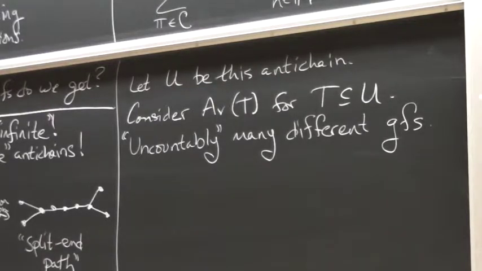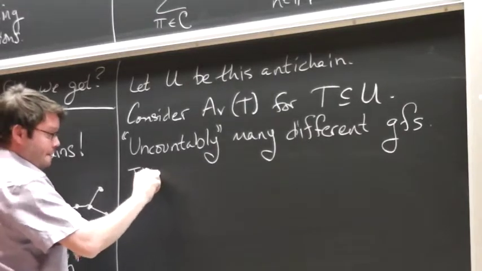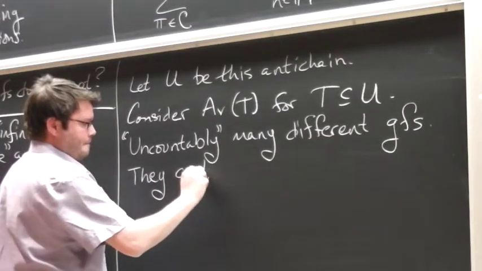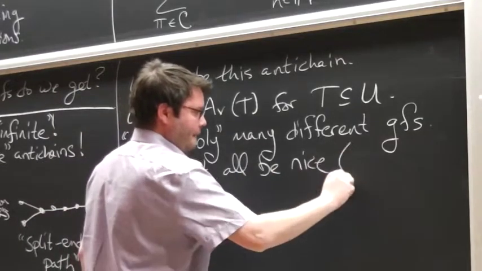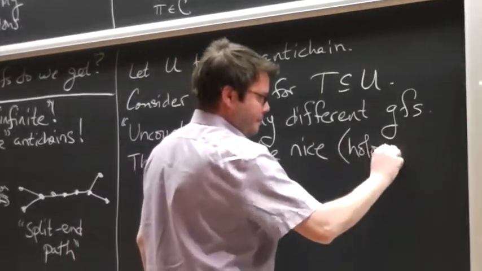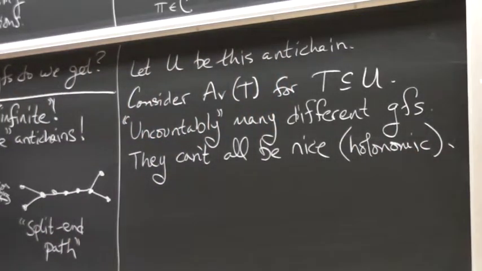Now, as soon as we have uncountably many different generating functions, they can't all be holonomic or definite. Or if you don't know those words, just they can't all be nice. They cannot all exist. Most of them will not exist.